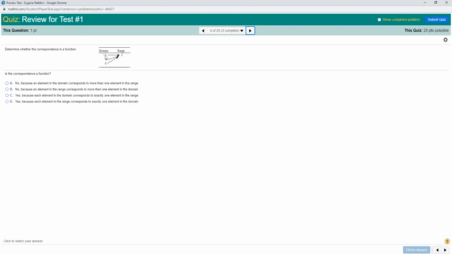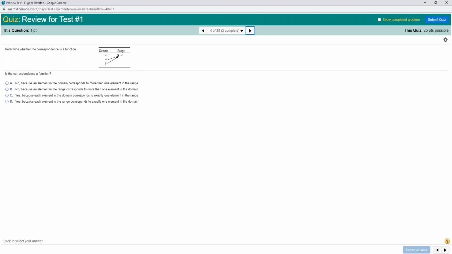So I would start with the -2. -2 has one range value of 2. 4 has one range value of 2. 6 has one range value of 2. Although they share the same range value, all these domain values only have one range. So this would definitely be yes.